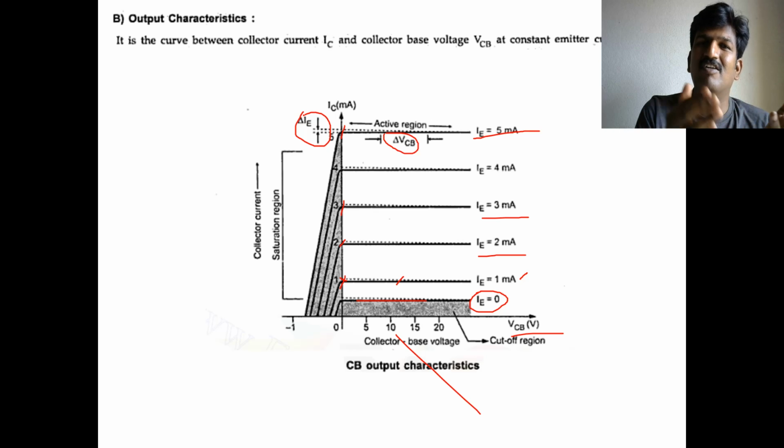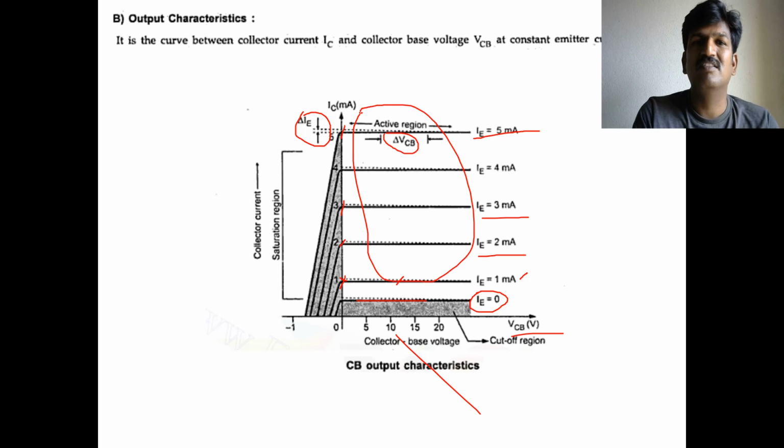The collector current is almost equal to the emitter current. This total region is called the active region. In this active region, the collector current always follows the emitter current. The collector current is not impacted by varying the collector to base voltage.